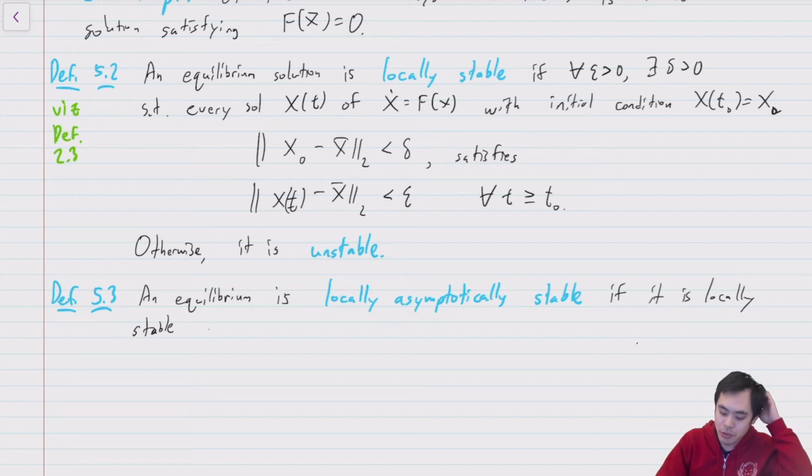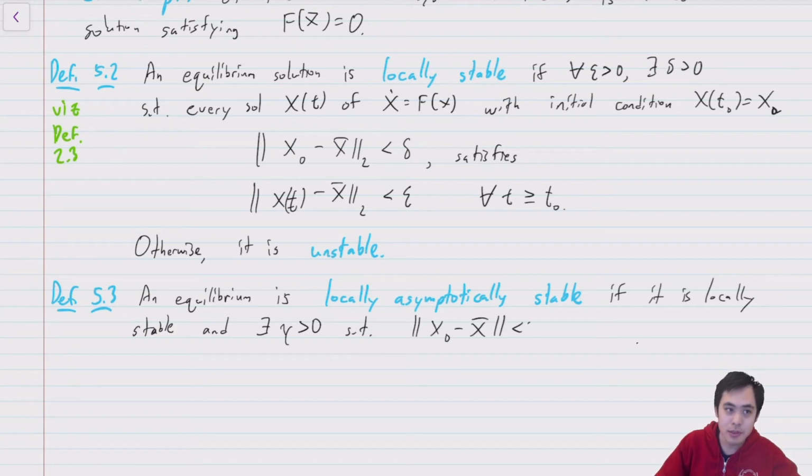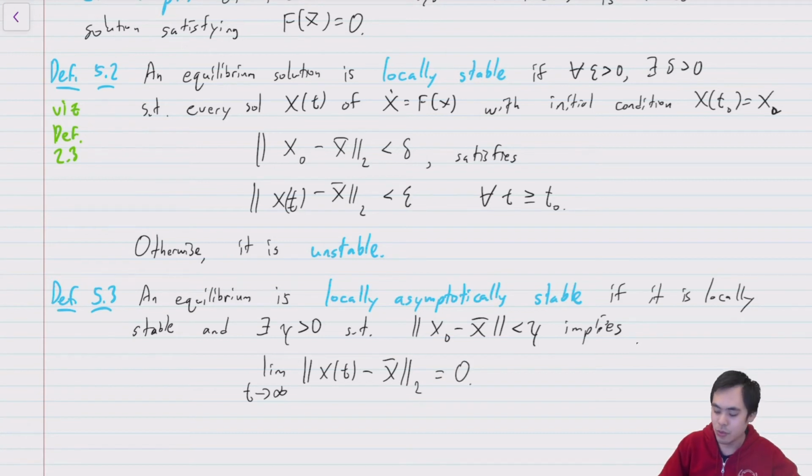So if it's locally stable and there exists some gamma greater than 0, such that if you start off within distance gamma, then the limit as t goes to infinity of the distance between x of t and x bar, our equilibrium, has to be equal to 0.